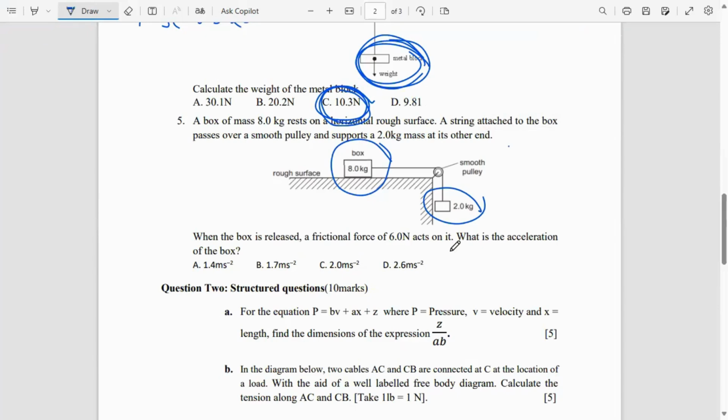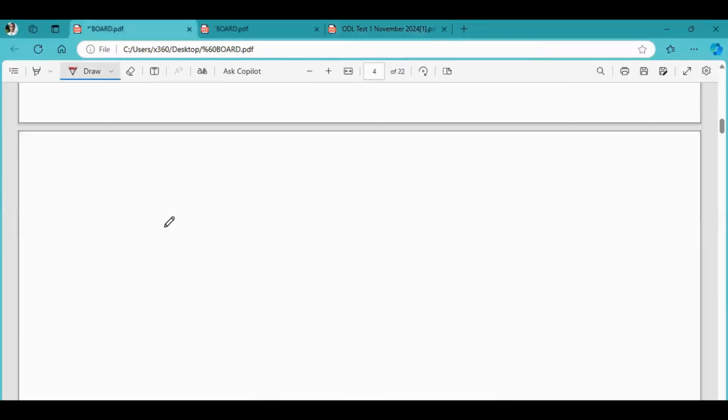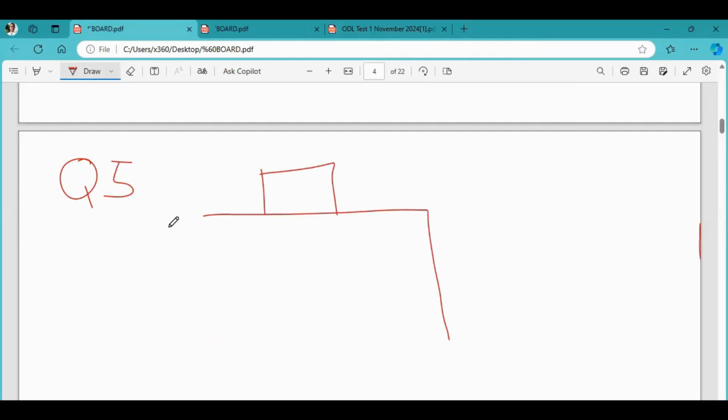Okay, so my diagram here, I put question 5. Then we have this diagram. There is one block resting on a rough surface, and there is a pulley passing through there. Then there is a 2 kilogram block there.